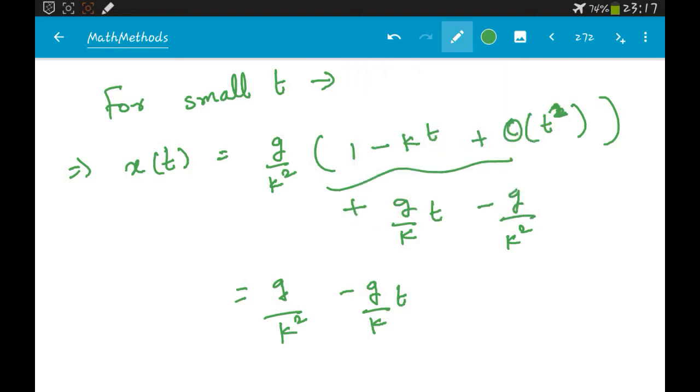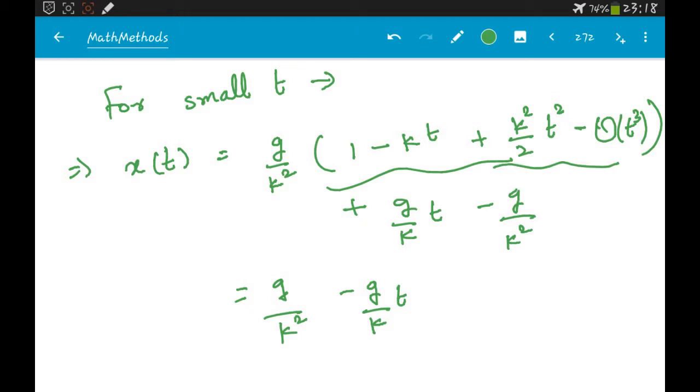So maybe we take it to the second order, and then we don't take anything further than that. So we have plus k square by 2 t square and minus order of t cube. So this is our exponential part.